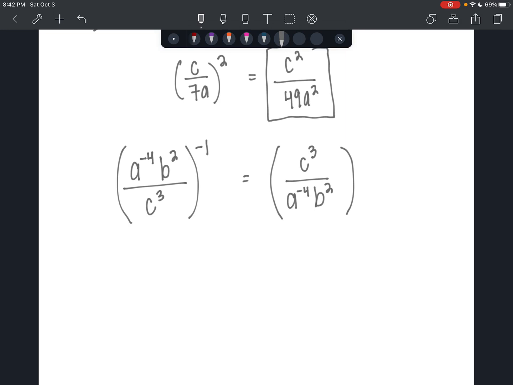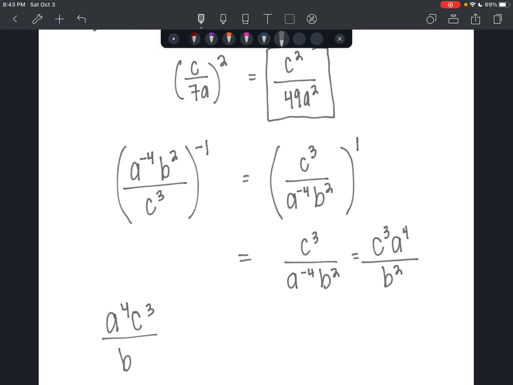We simply take the reciprocal of the fraction. We do not change any signs. That reciprocal allowed us to put a positive 1 on the outside of parentheses. Now I'm going to have c cubed over a to the negative 4 b squared. I'm going to make my exponents positive by bringing that a to the fourth up to the numerator over b squared. So my final answer in alphabetical order, a to the fourth c cubed over b squared.